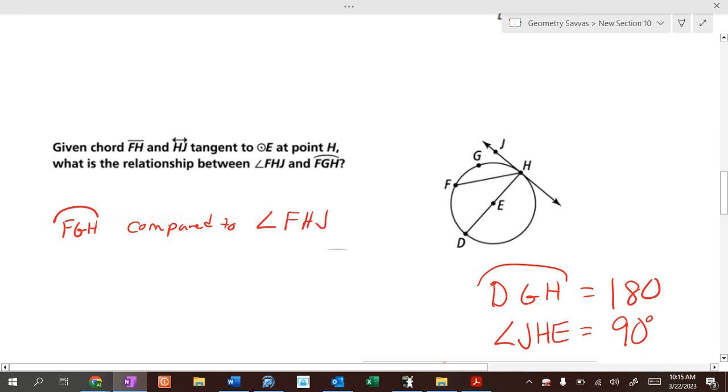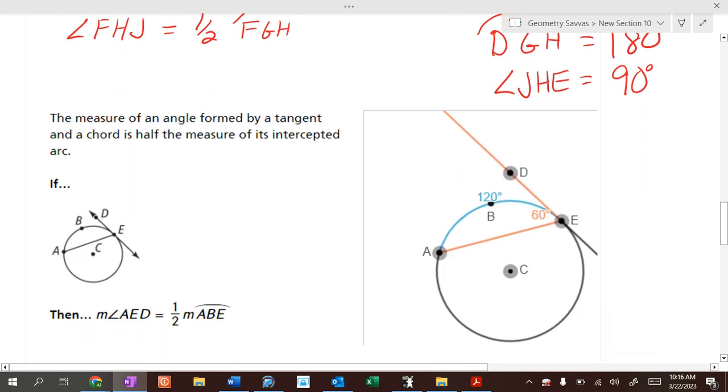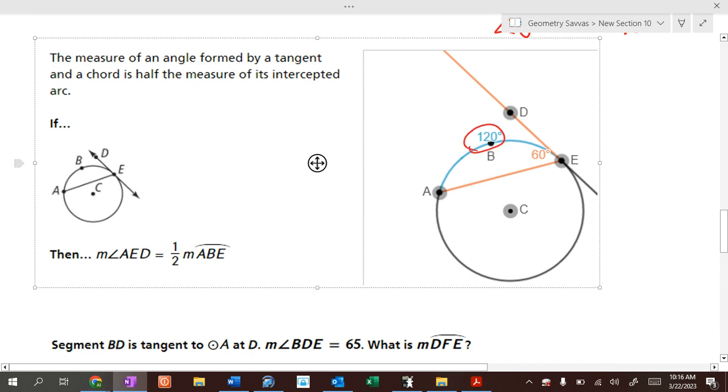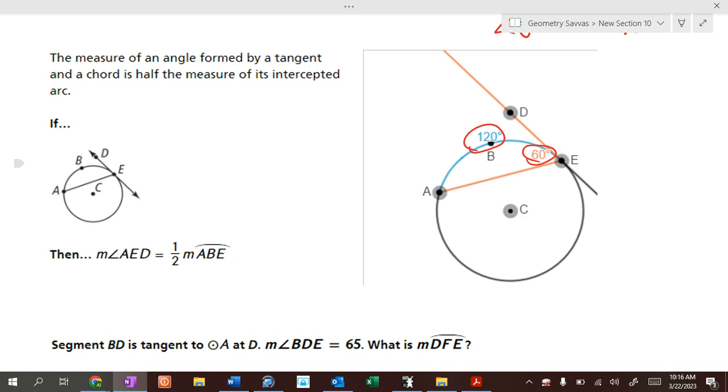How do those compare to each other? Well, the angle is what of the arc? Half the arc. The angle is going to be half the arc. So if this is a 120 degree arc, the angle is going to be 60 if you have a tangent.